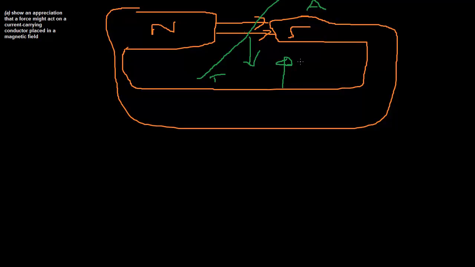So the magnetic field is acting on the wire to pull it down, and the wire therefore is acting on the magnet to pull it up. But normally this magnet is quite heavy, and this force acting upwards is negligible compared to gravity. So you don't really notice it, but it is there.